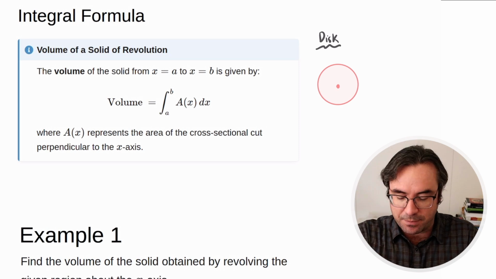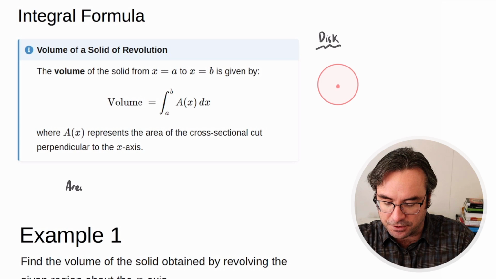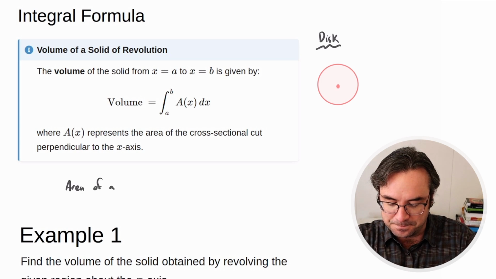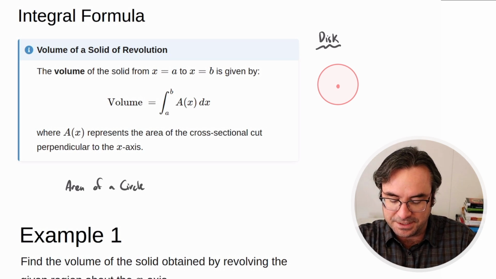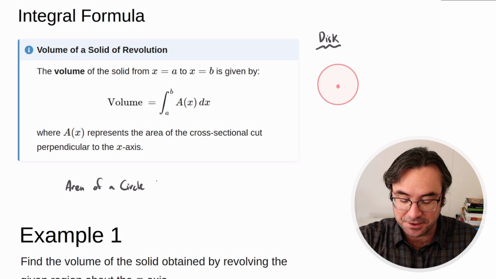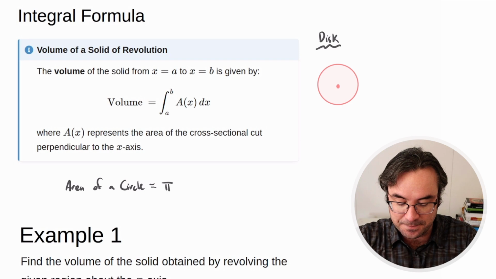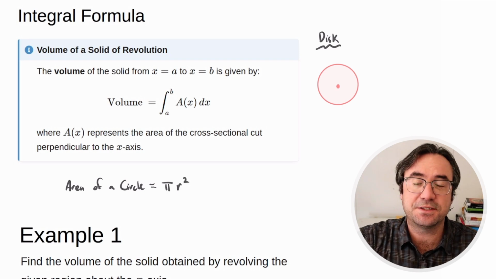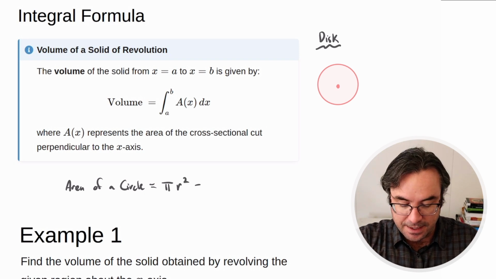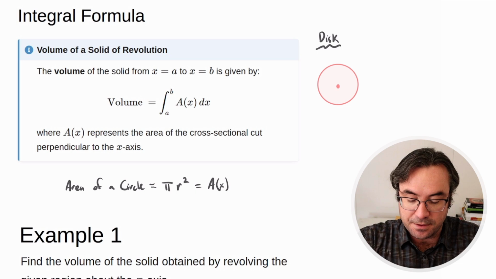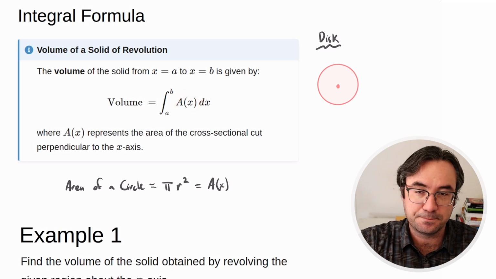So it's important to remember the area of a circle. Well, what is it? The area of a circle is pi times the radius of that circle squared. And this is usually going to be our area function that we use here.